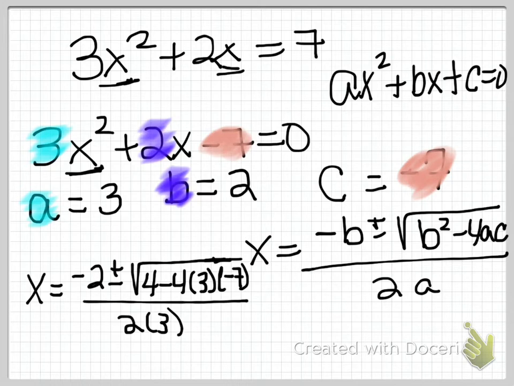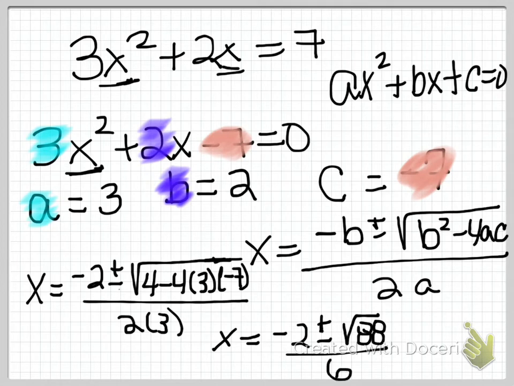So what we have is 4 plus 84, which is 88. So we have x equals negative 2 plus or minus the square root of 88 all over 6.